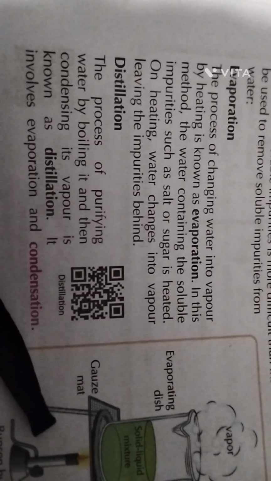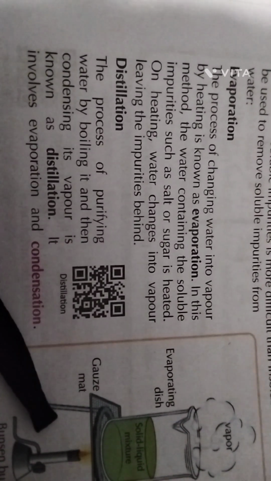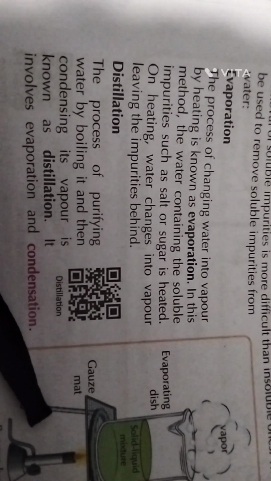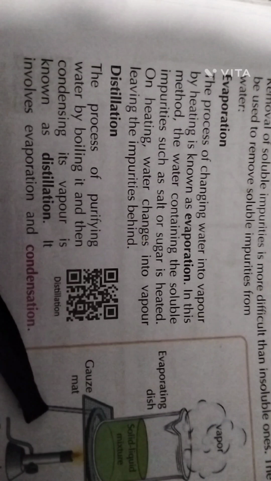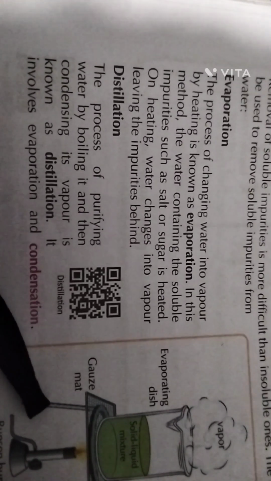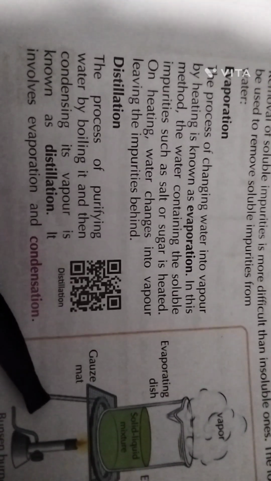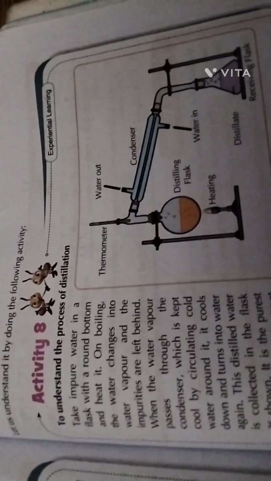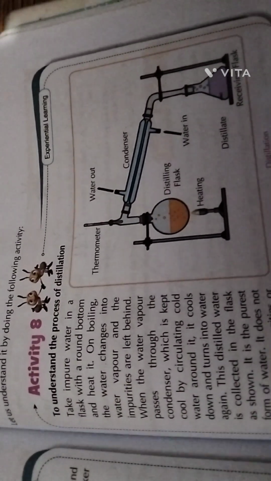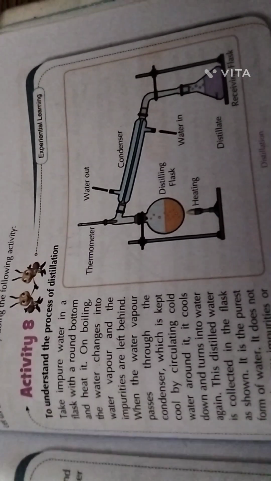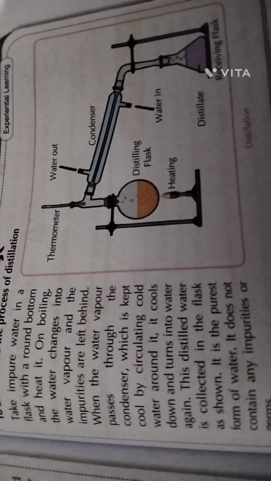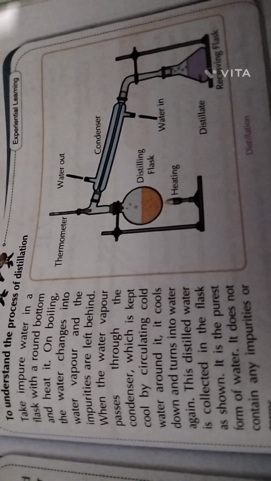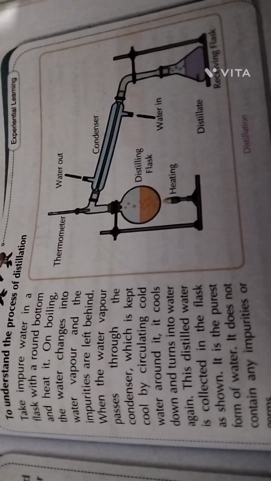Distillation: the process of purifying water by boiling it and then condensing its vapor is known as distillation. It involves evaporation and condensation. Let's understand it by doing the following activity. Activity 8: to understand the process of distillation, take impure water in a flask with a round bottom and heat it.